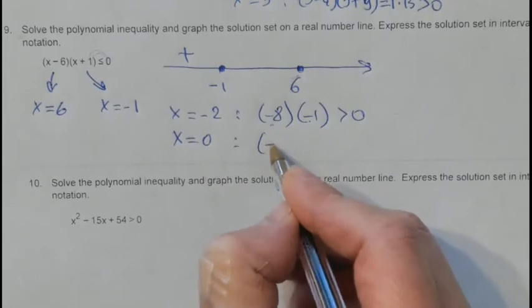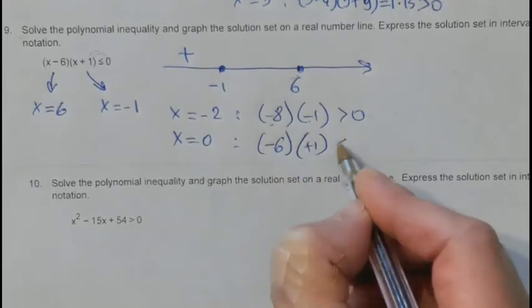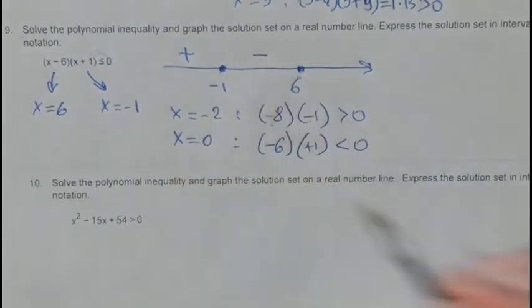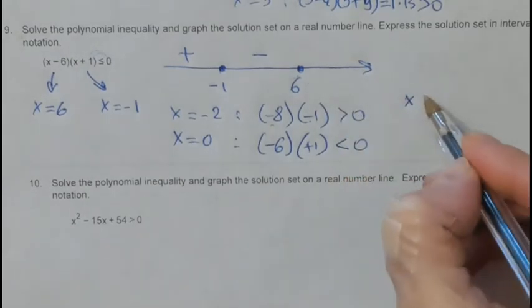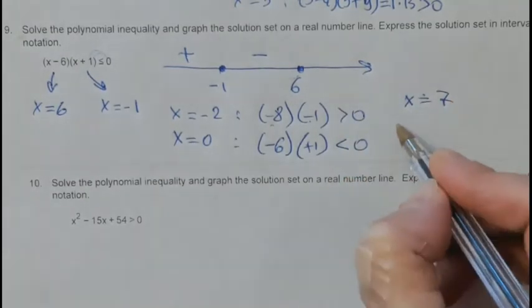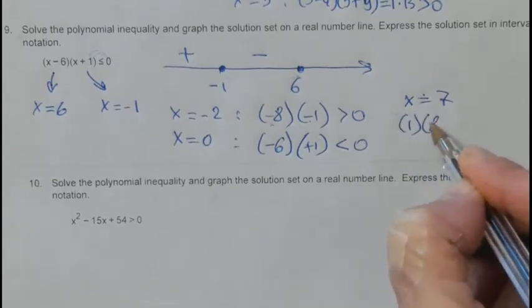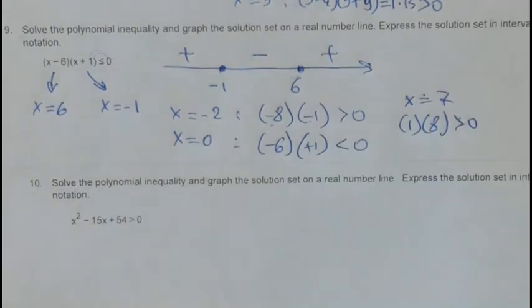It will be 0 minus 6, 0 plus 1. Negative 6 times 1, negative. So we have negative in the middle. And let us pick a number greater than 6. Let us take 7. 7 minus 6 will be 1. 7 plus 1 will be 8. It is positive. So we have plus.